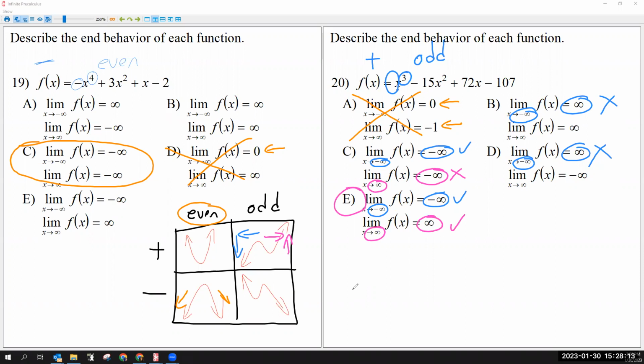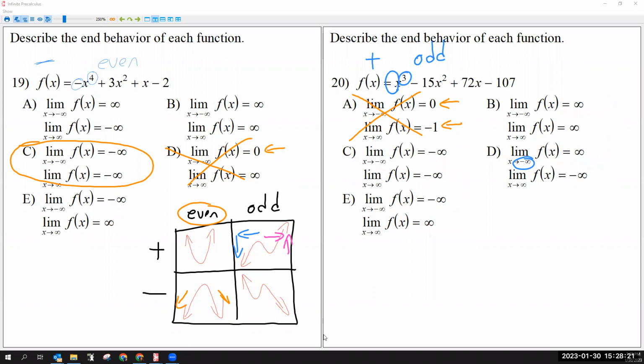Okay. Now, while I go ahead and have this, I'm going to erase all the stuff I just drew on this one and just point out what each one of these are. So C is an example of even negative because they're both negative. E, we just did E, is odd positive.